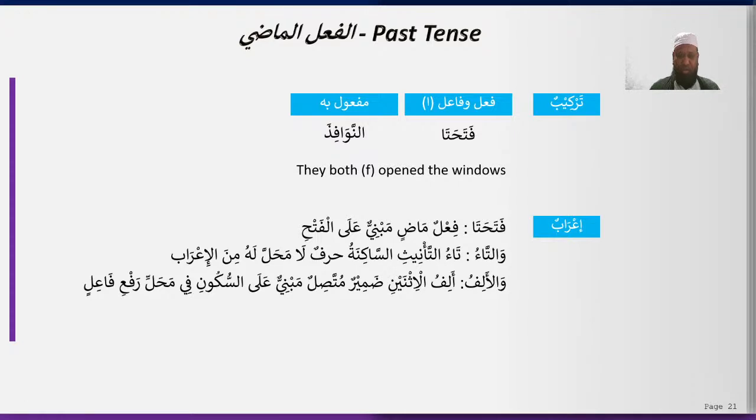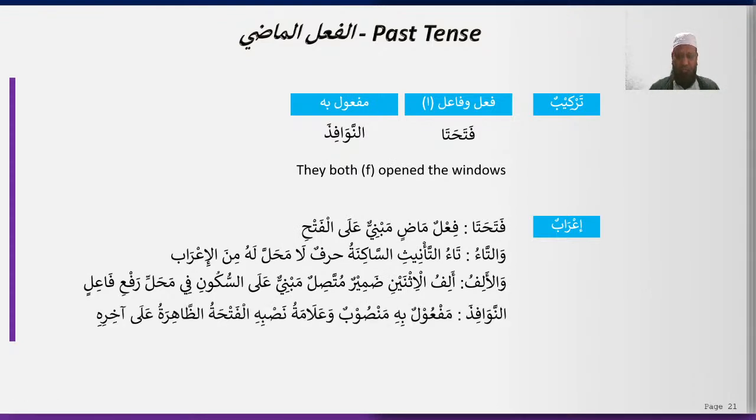والألف ألف الاثنين, it is سكون, isn't it? ألف الاثنين ضمير متصل مبني على السكون. Yes, it is سكون. This ألف is always ساكن. في محل رفع فاعل. النوافذ مفعول به منصوب وعلامة نصب الفتحة الظاهرة على آخره.